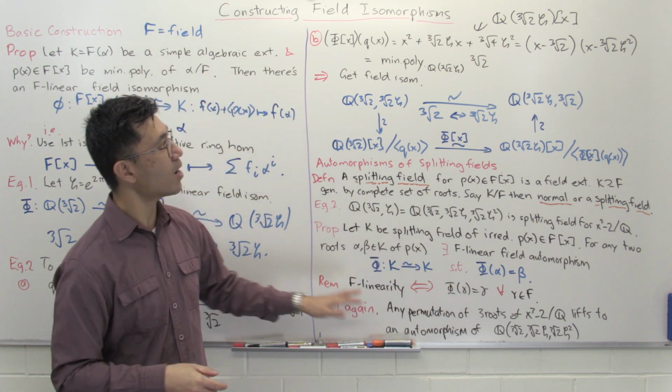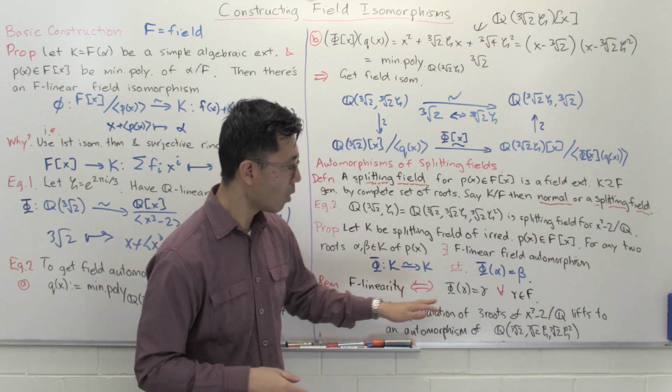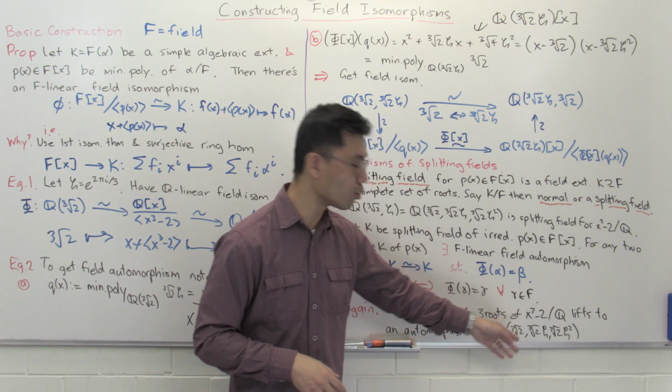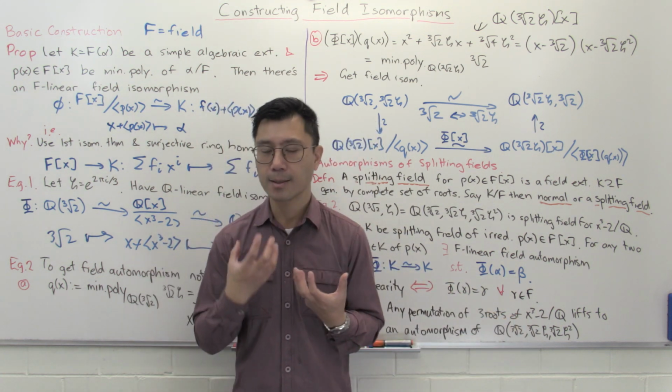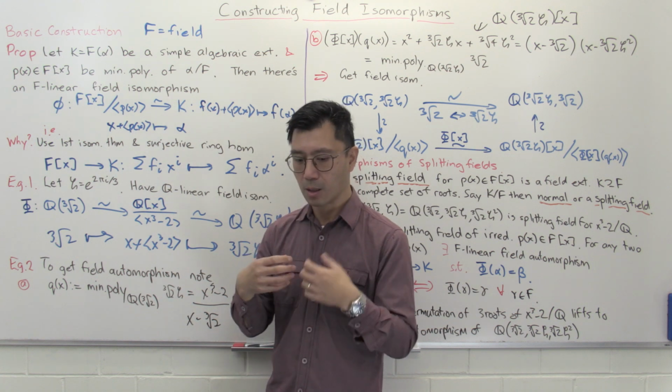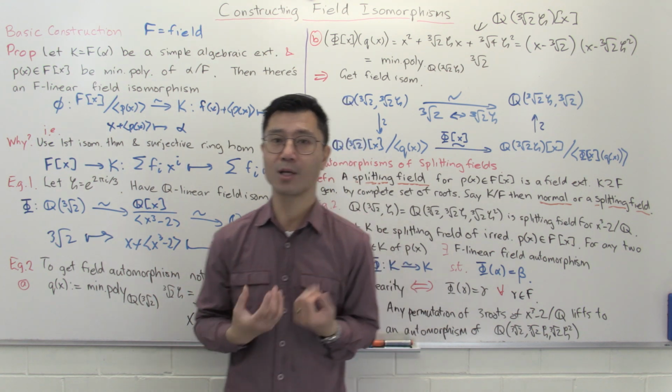The other thing that's nice about this example is, what have we done here? We've swapped two of the roots of x cubed minus 2. And in fact, the original way that Galois thought about the Galois group was in terms of swapping roots.